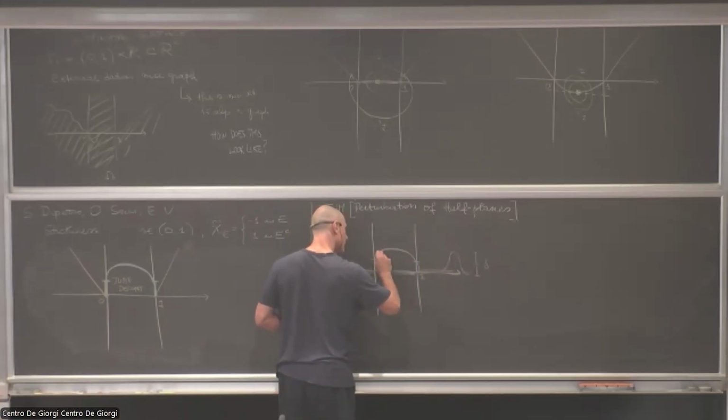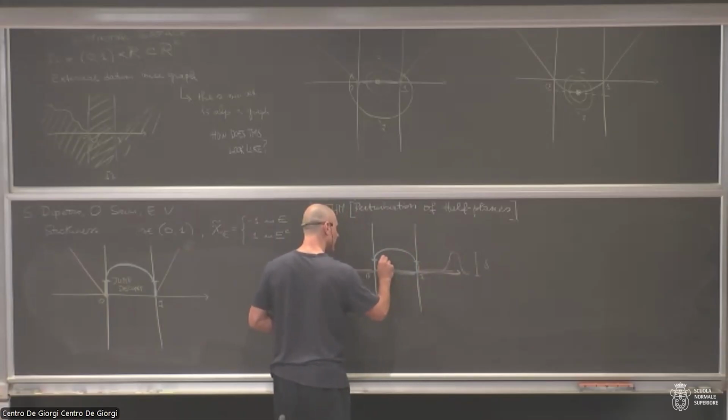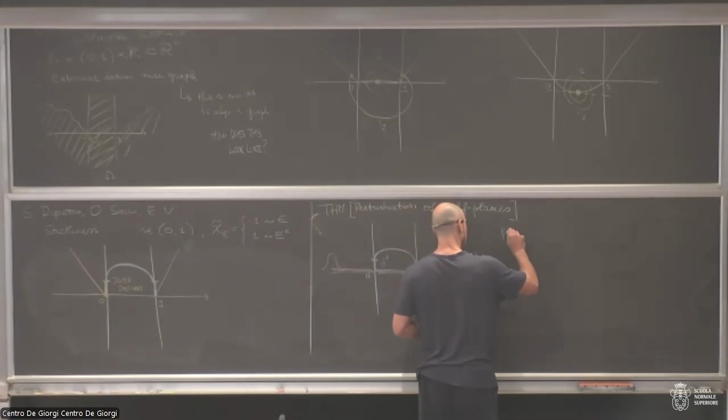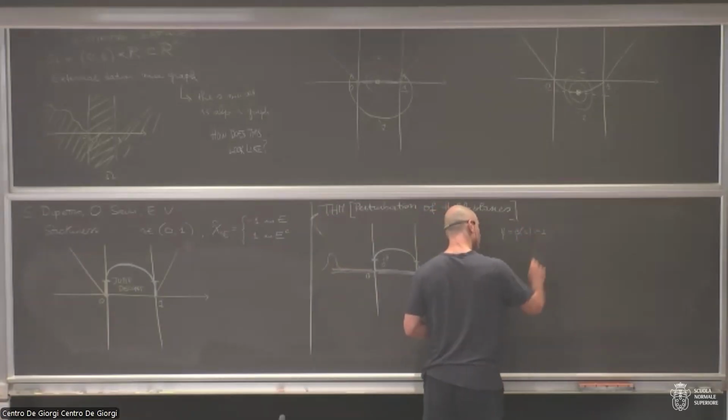It arrives with a vertical tangency, but then it has a discontinuity of order delta to the beta. Well, beta depends on S, and it's larger than 1.